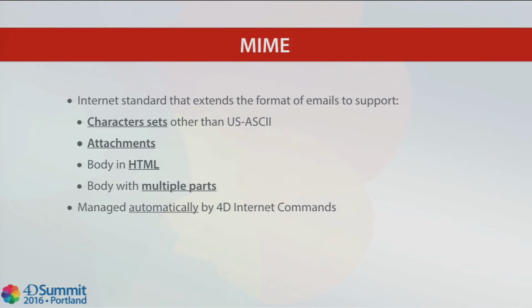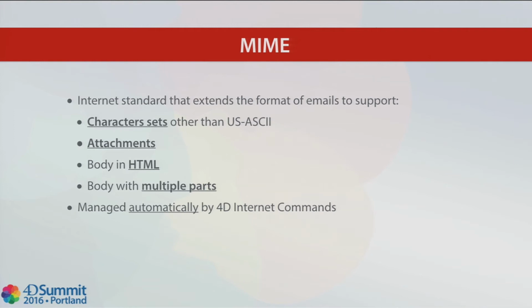Then there was a need to support characters other than ASCII, so there's a problem because an email uses only 7 bits, but most extended character codes need the 8th bit, so they had to work around this limitation that the server only works on 7 bits, but somehow you want to send an email that uses the 8th bit. And that problem was coped with by MIME.